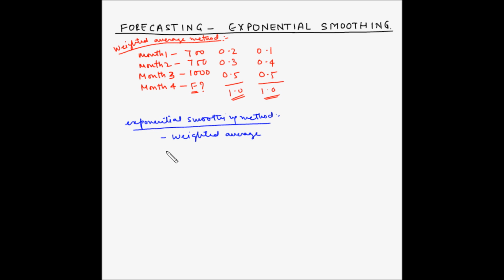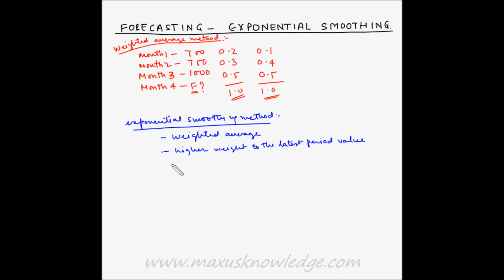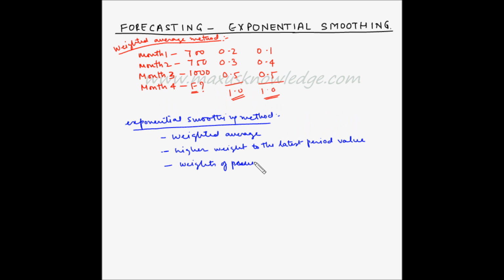In this method we give higher importance or higher weight to the latest period value, and the weights of previous periods decline exponentially.